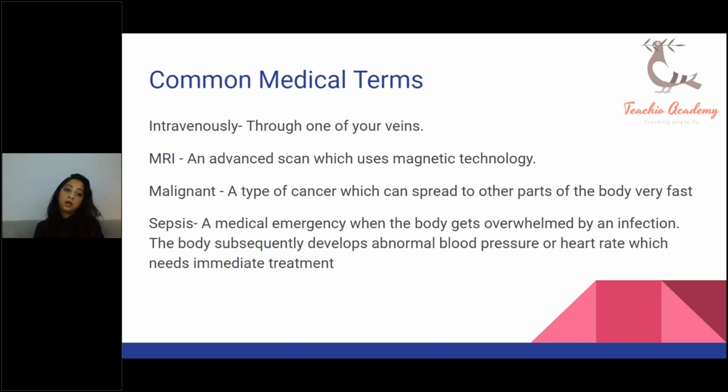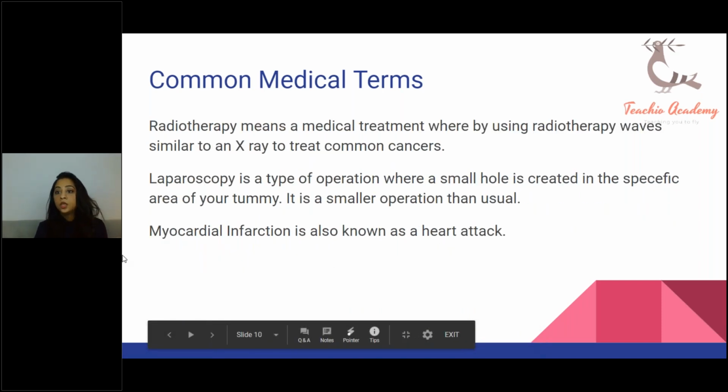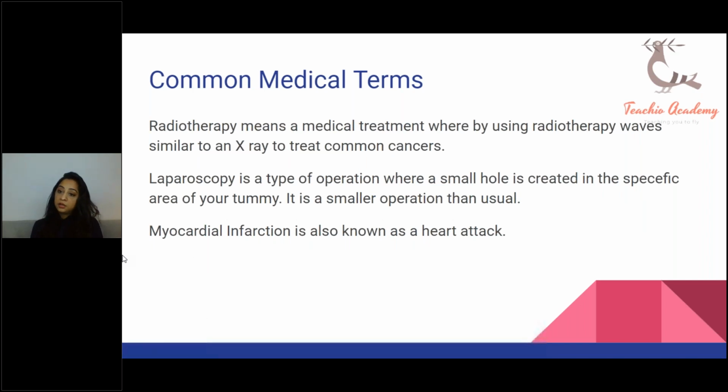These terms do come up quite often, and it's useful to have explanations ready. Some previous examinations on the OET had people who had to describe radiotherapy. So you can say radiotherapy means a medical treatment, because it's one of the medical treatments that you have.